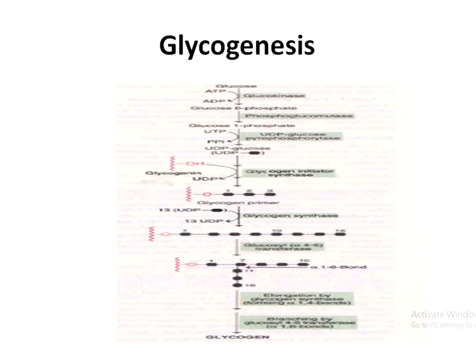As soon as the 1,6 bond forms, the chain undergoes elongation with the help of glycogen synthase, giving 1,4 bond linkages. Then branching starts using the enzyme glucosyl 4,6 transferase. So finally we get glycogen.